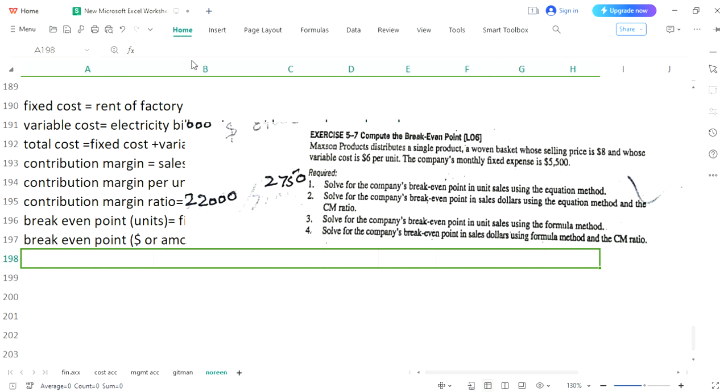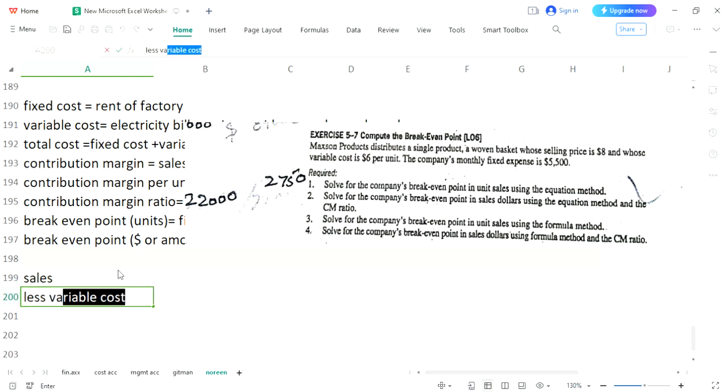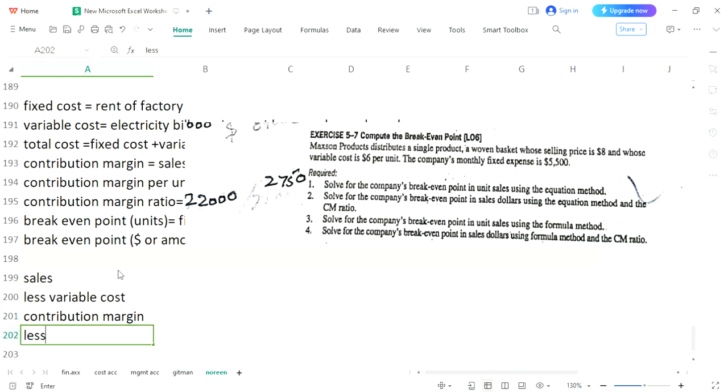as a first step. So for that purpose, the first step is sales. As you know, contribution margin income statement: sales, and then you will subtract variable cost, you will get contribution margin, then again you will subtract your fixed cost and you will get your net margin.